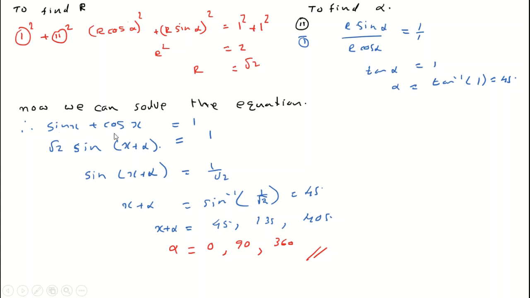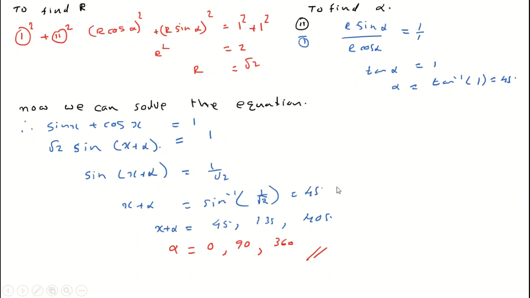Sin x plus cos x is equal to 1. Then this could be written as root 2 sin(x plus alpha), from the method we learned earlier, equals 1. Then sin(x plus alpha) is equal to 1 over root 2. Therefore x plus alpha is equal to sin inverse 1 over root 2, that is equal to 45. This is the first solution.